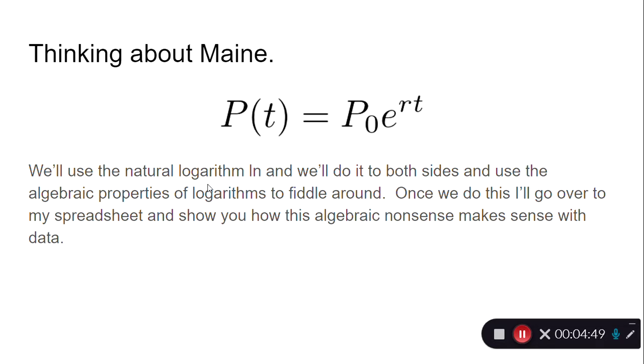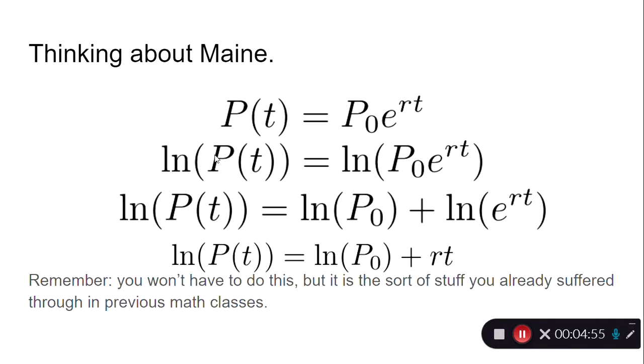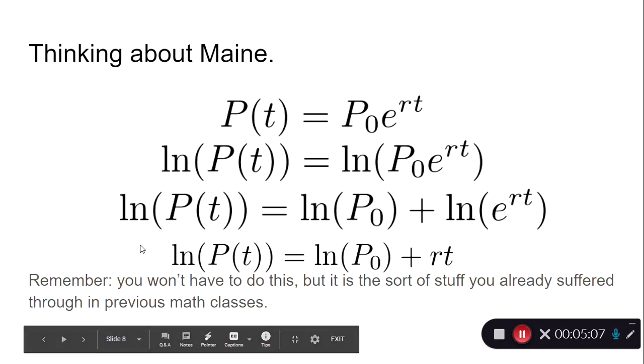So I'm going to use the natural logarithm, ln. I'll take the ln of both sides, and I'm going to do some simplification using properties of logarithms: the log of a product is the sum of logs. Log is the inverse of e to the stuff. And what I get here, this last line, and again, you're not responsible for this, so you're not going to have to do this part.